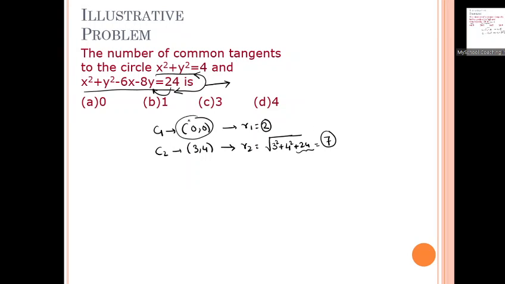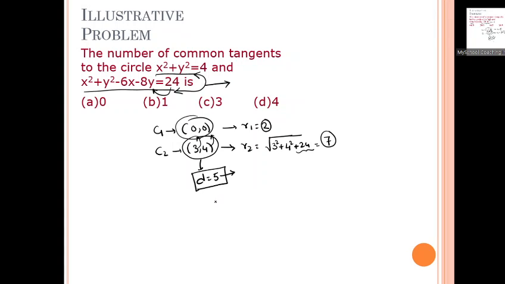Calculations clear है दोनों? Are the calculations clear? So what is the distance between the centers? Root of 3 square plus 4 square कितना होगा? 5. Distance between the centers is 5.